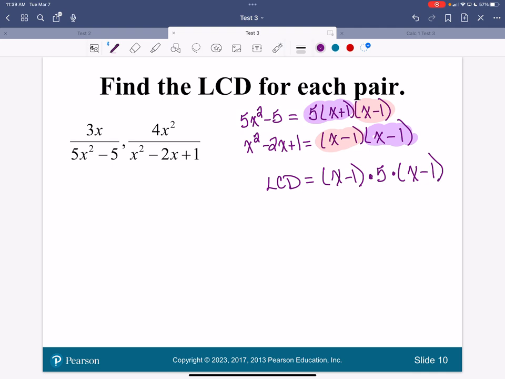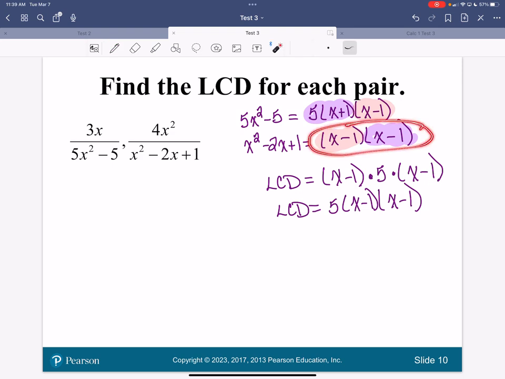So my LCD for this is 5 times x minus 1, x minus 1. And the thing that I want you to realize here, because there are 2 x minus 1s right here, you've got to have 2 in the LCD. You've got to account for both of them as part of the LCD.